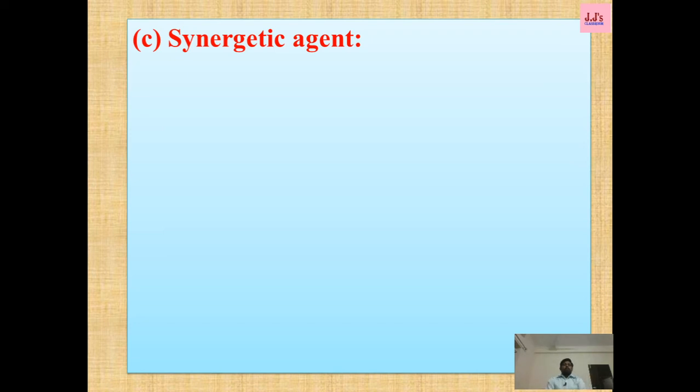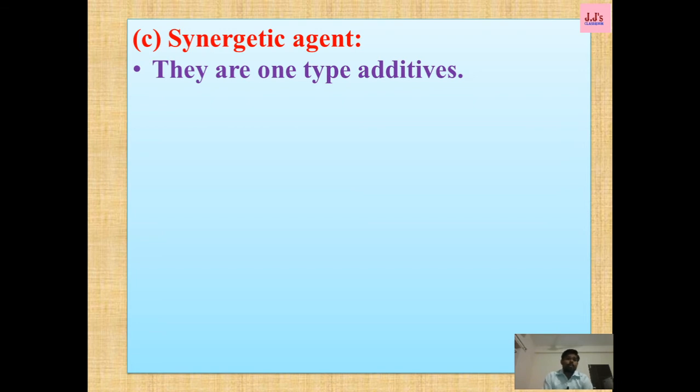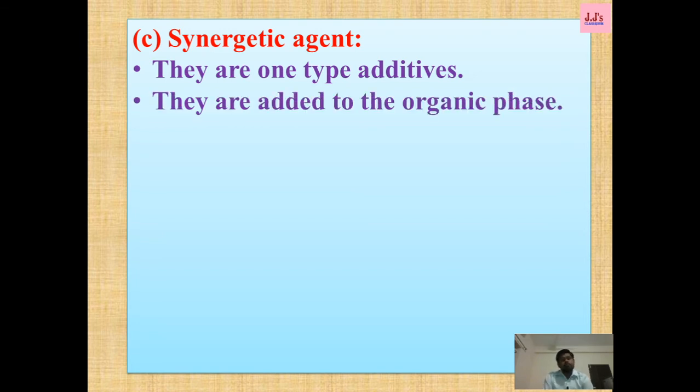Next slide, I am going to discuss the synergetic agent. Don't confuse the synergistic agent and the synergetic agent. Synergistic agent means masking agent, EDTA, citrate, tartrate, while synergetic agents are one type of additives. Additives are added after the process has started. They are added to the organic phase.